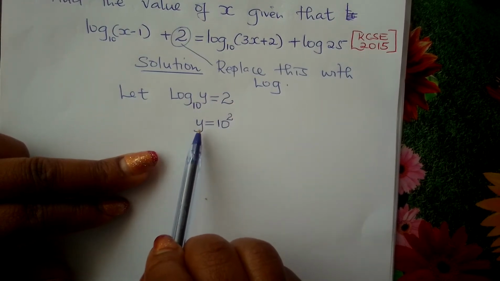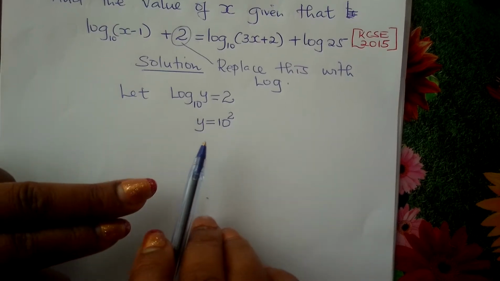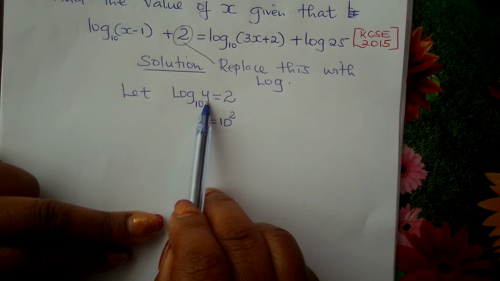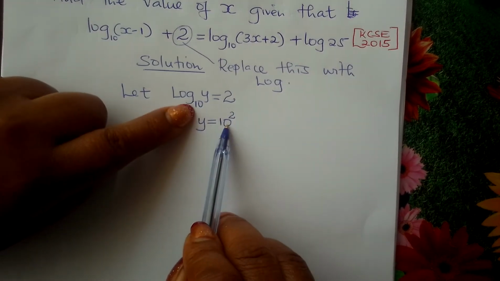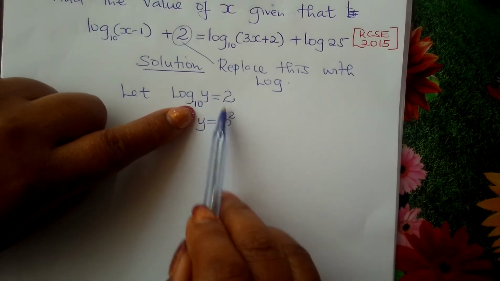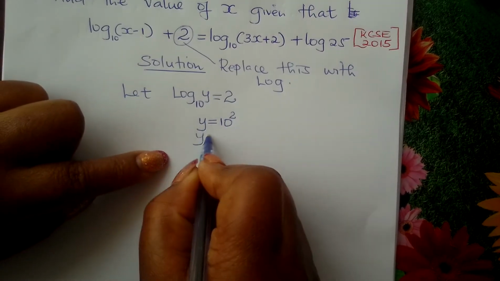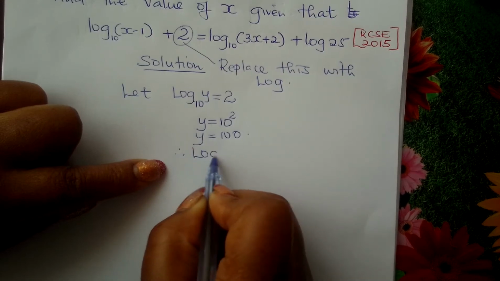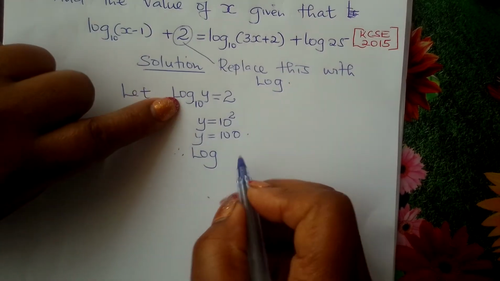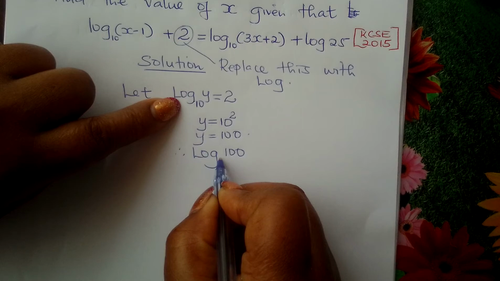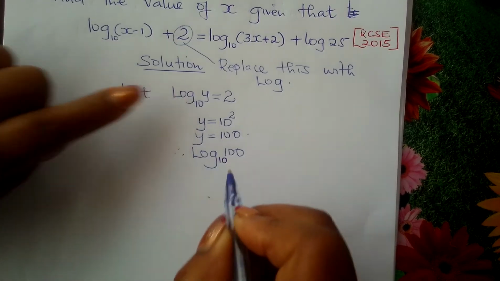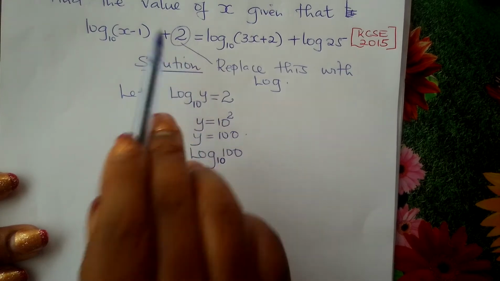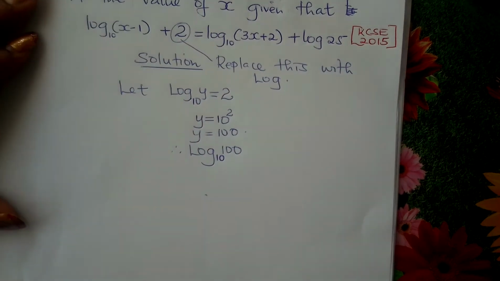So what is y? To get y, you write everything now in index notation. So y, learner, is equals to, your base was 10, you write it here, and then you raise it to this number. So your y, learner, is 100. And therefore, our log, in this case, will be log 100 to base 10, and therefore it is the one that we are going to fix here to replace where the 2 is.